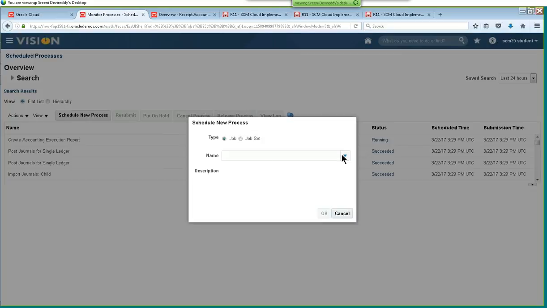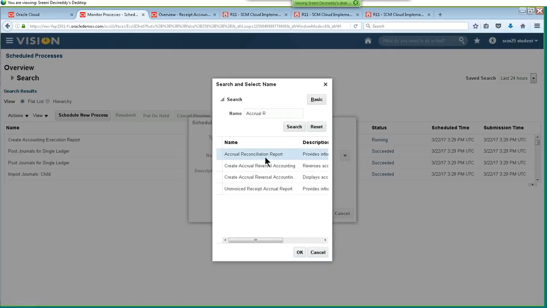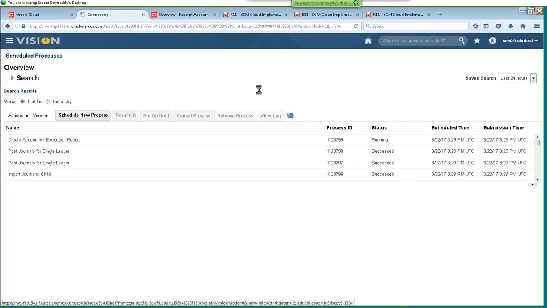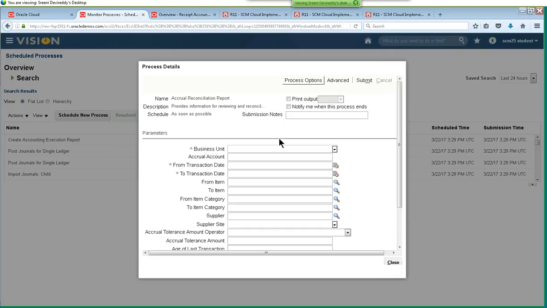Submit accrual reconciliation report. Submit is enabled. Okay, good.